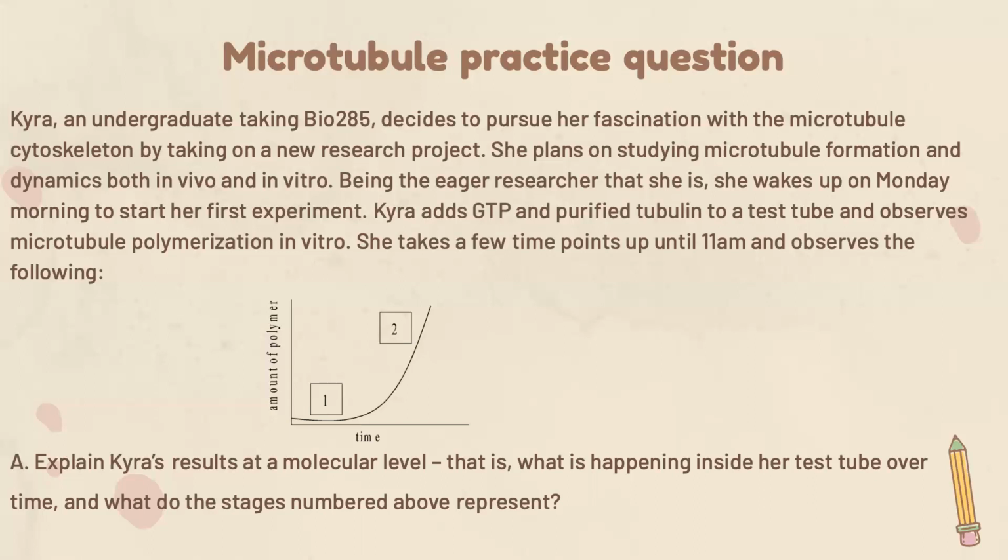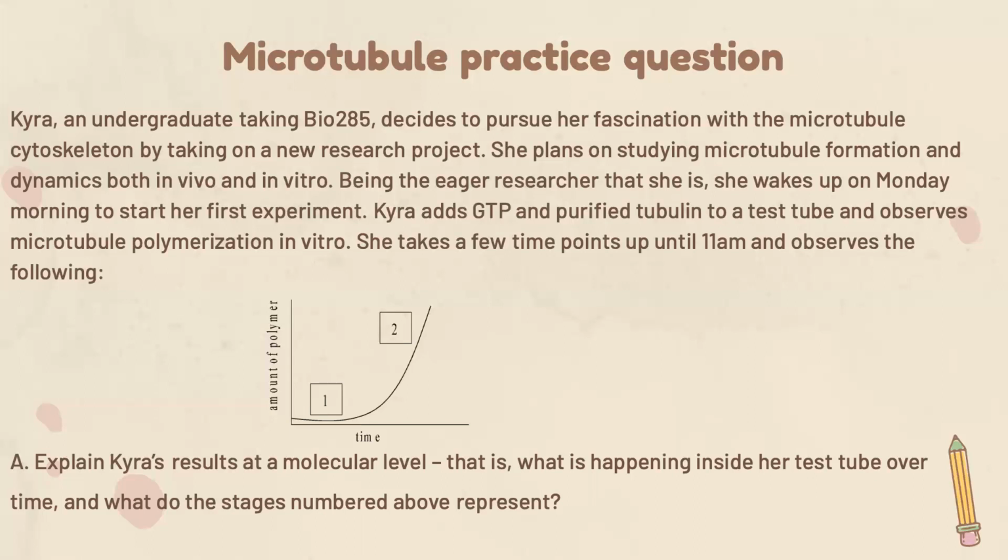Okay, so over time, the tubulin will bind to GTP and polymerize, resulting in the increase that you see on the graph of the amount of microtubule polymers present over time. The section that's labeled 1 is the lag phase, which is when tubulin dimers form oligomers and then form the protofilaments.